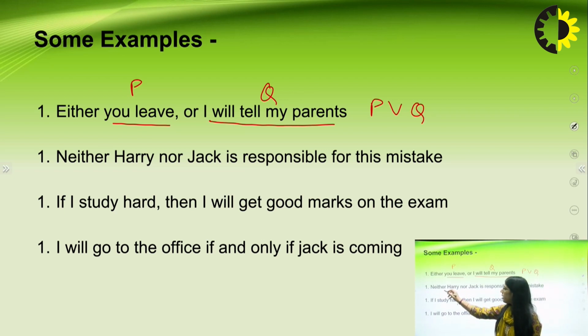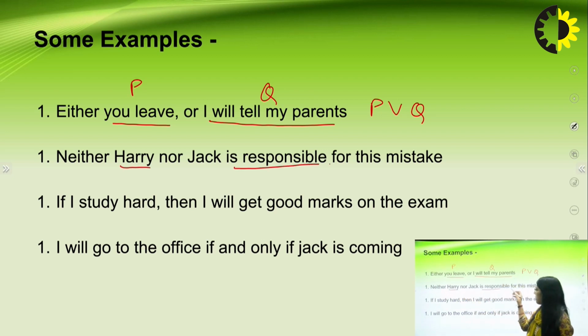Secondly, neither Harry nor Jack is responsible for this mistake. So the first statement can be Harry is responsible for this mistake. This we can write as P. And the second statement will be Jack is responsible for this mistake.